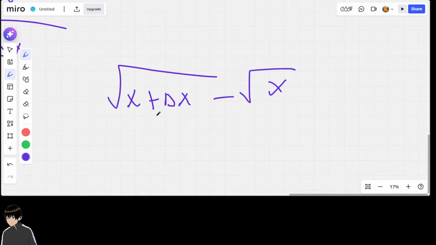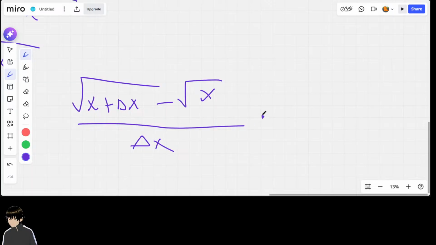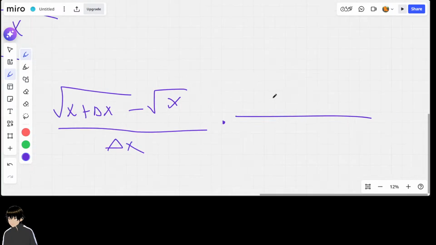What happens next is you get this divided by h, but you have to multiply by the conjugate, which is this.